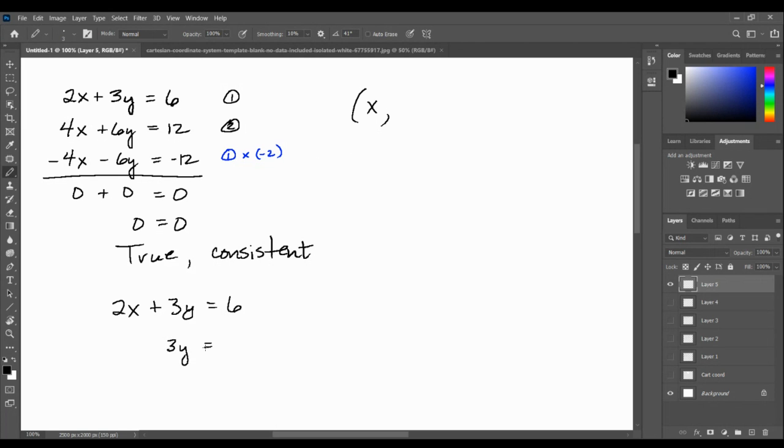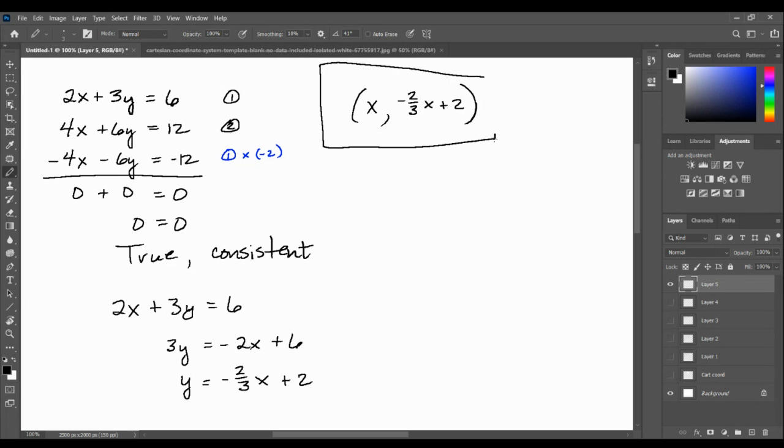Subtract 2x from both sides. Divide by 3. And we would get that same equation for the other one. So for any x we pick, the corresponding y would be negative 2/3 x plus 2.